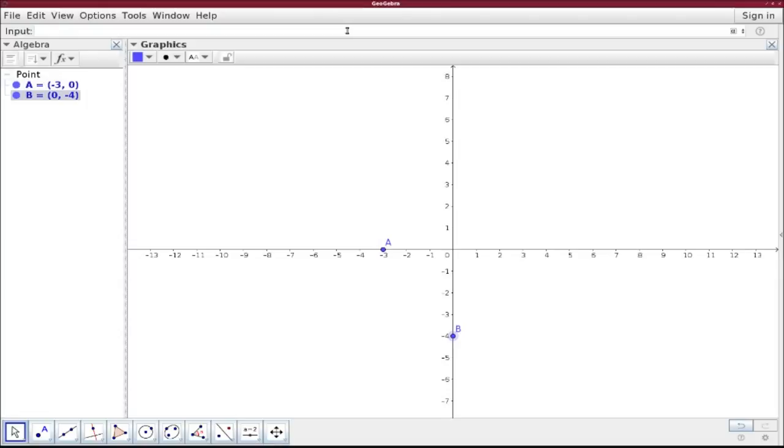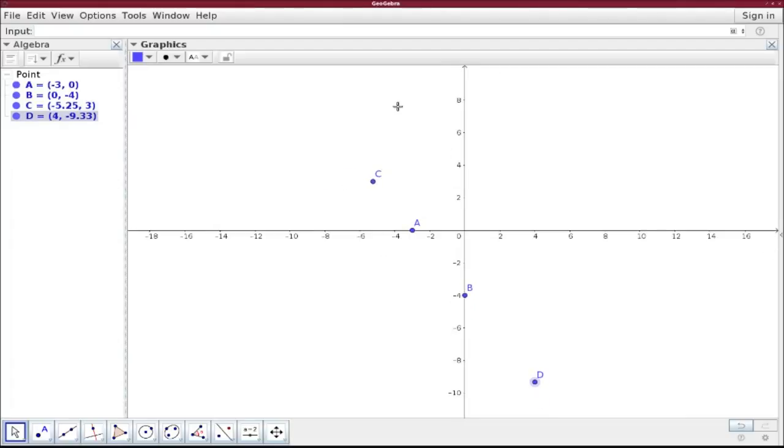Now we also had two other points on there that we found as part of our choices, and one of those was negative 21 over 4 comma 3, and our second point was 4 comma negative 28 over 3, which shows up if we zoom out a little bit, and there are 4 points.